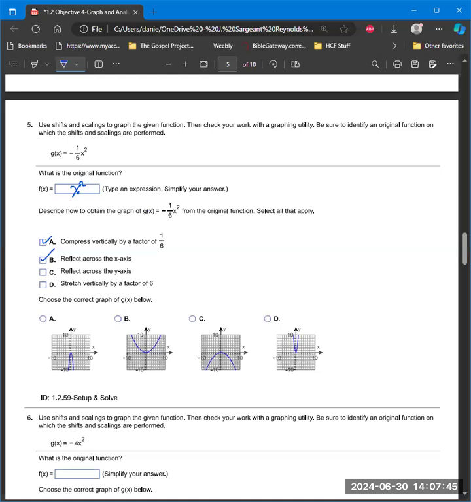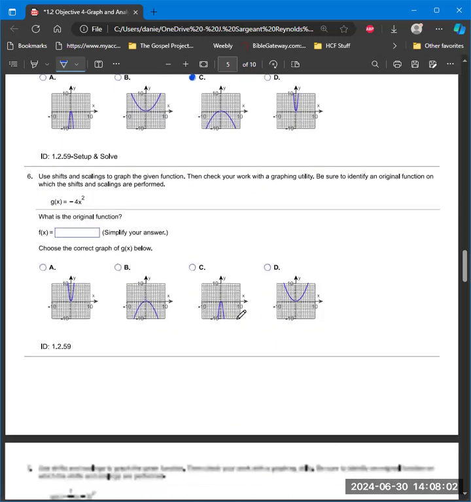So that is going to make it like C. Negative 4x squared started off with x squared, and we're going to reflect it across the x-axis, and we're going to stretch it.